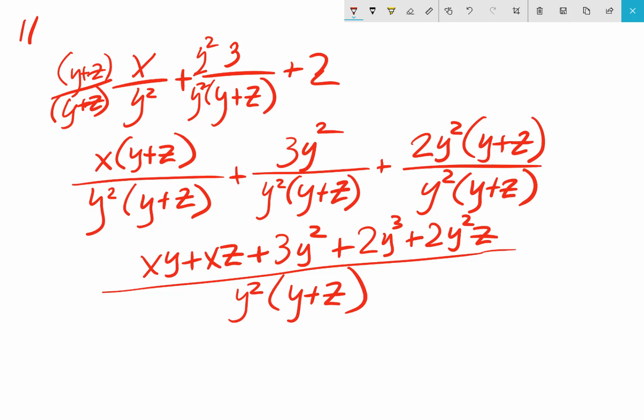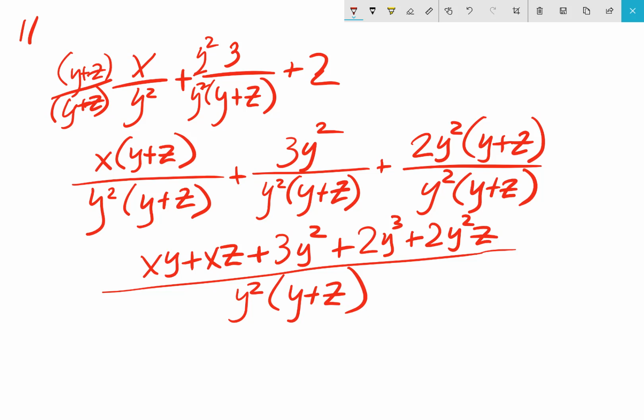Now, if you look at all those terms in the numerator, none of them have the exact same letters with the exact same exponents. None of them. So you cannot add them. You can only add like terms, and like terms have the exact same letters, variables, with the exact same exponents on them. So this one has xy, nobody else has that combination. Second one has xz, nobody else has that exact combination.